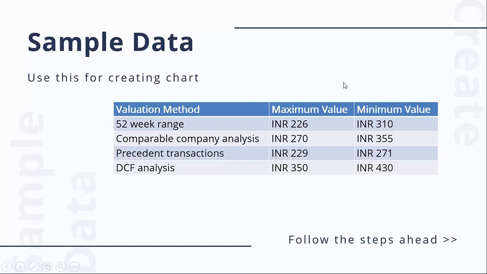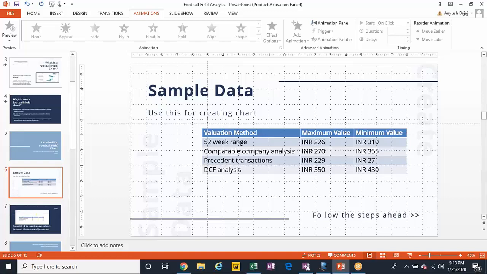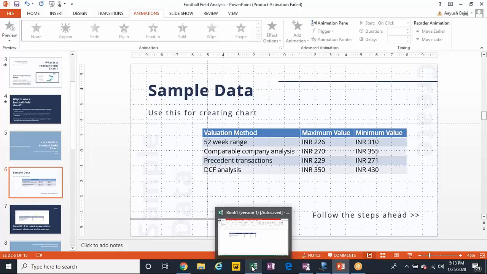Please pardon the maximum value and minimum value columns. They should be interchanged, so do it accordingly. All right. Let's take this sample data and put it on Excel. If you need, I'll give you a minute to paste this table.